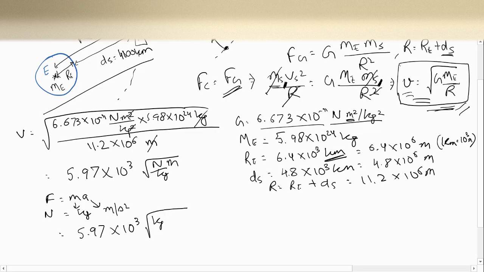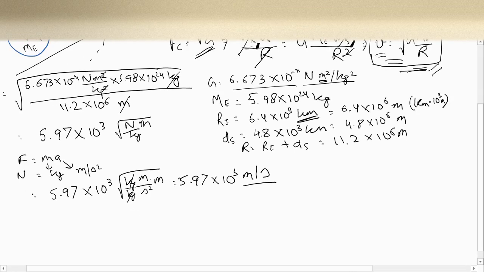Newton is kg meter per second squared times meter, and we have a kg in the denominator. So kg gets cancelled. These are meters squared per second squared. So this will just be 5.97 times 10 to the 3 meter per second. I understand this is a bit of extra work, but as I said, if the problem is important enough, then it's always good to check the units. It's a physicist's way of doing things.